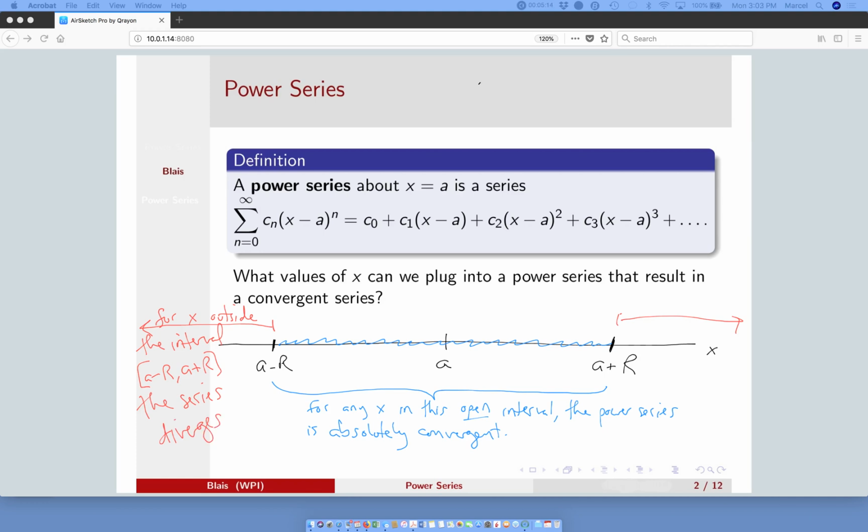And then further, at the endpoints, anything can happen. And this is always the case.